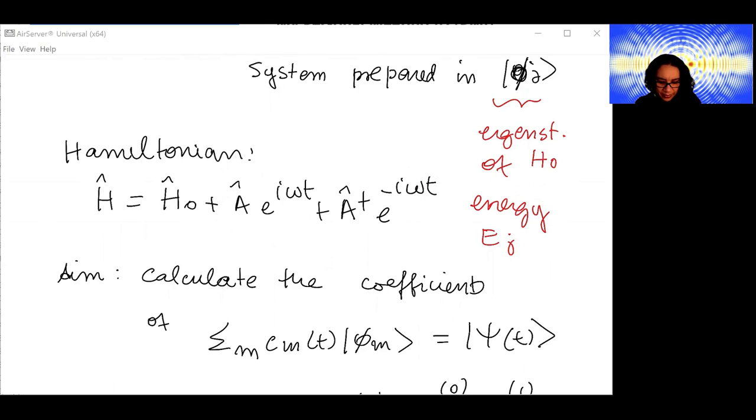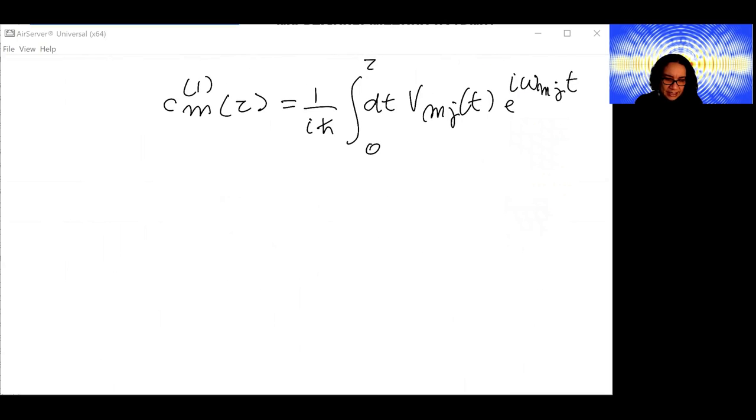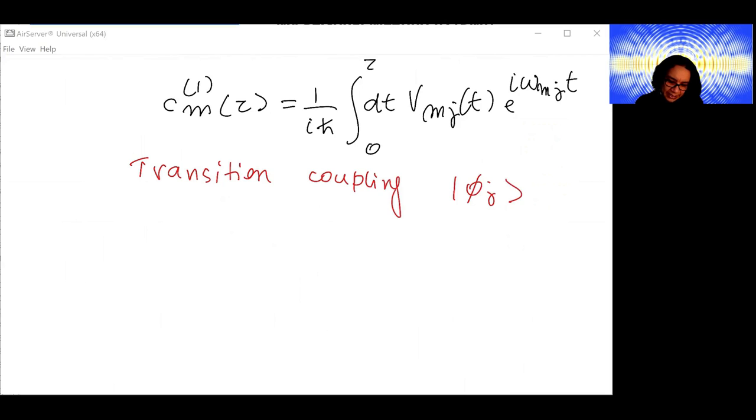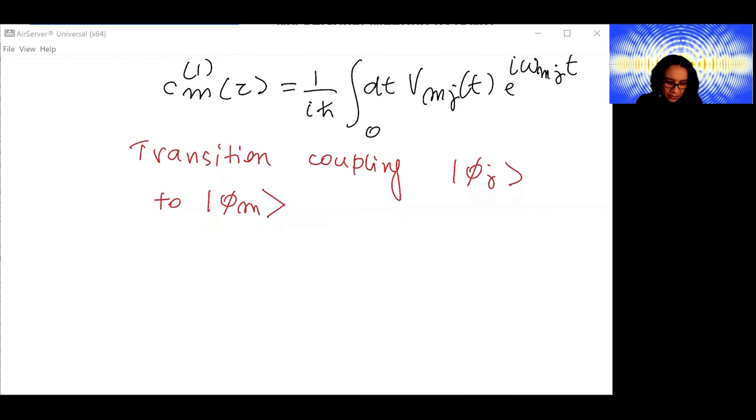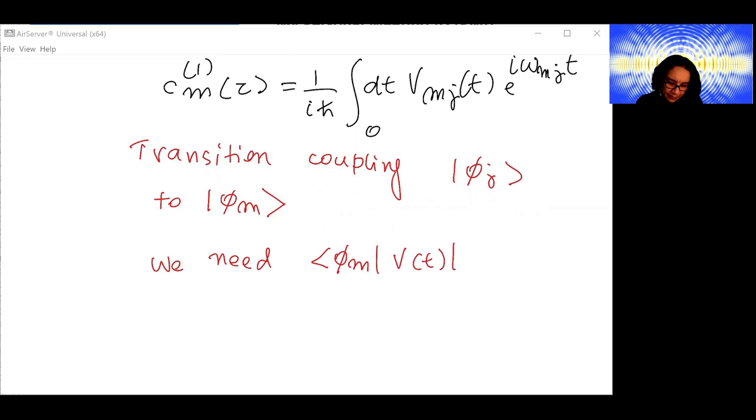So just to remember, this is a transition coupling phi_j, which is the initial state, to phi_m, and we need to calculate the matrix element phi_m V(t) phi_j, right?